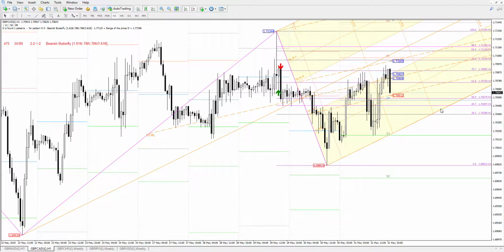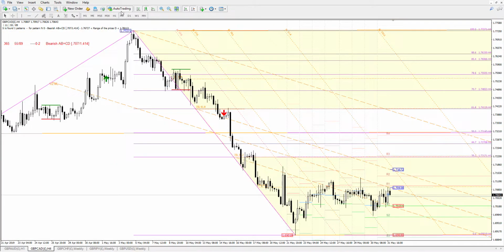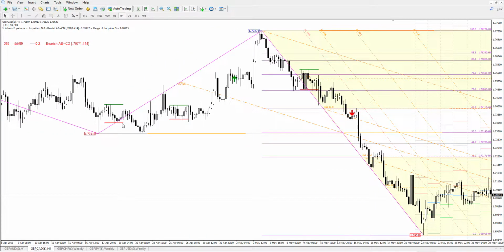So support the 38.2 is 17039. So for that to break, H4. This is the shift pitchfork, and that's measured by halfway between that zigzag there and that high and that low, this 50% mark.